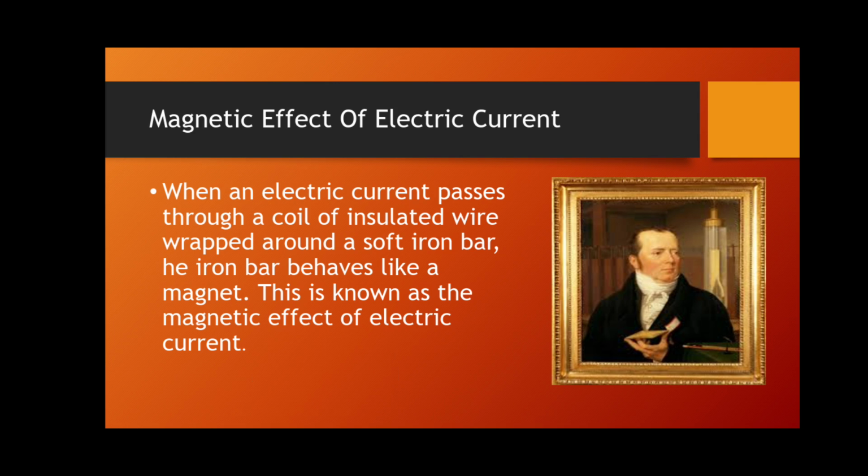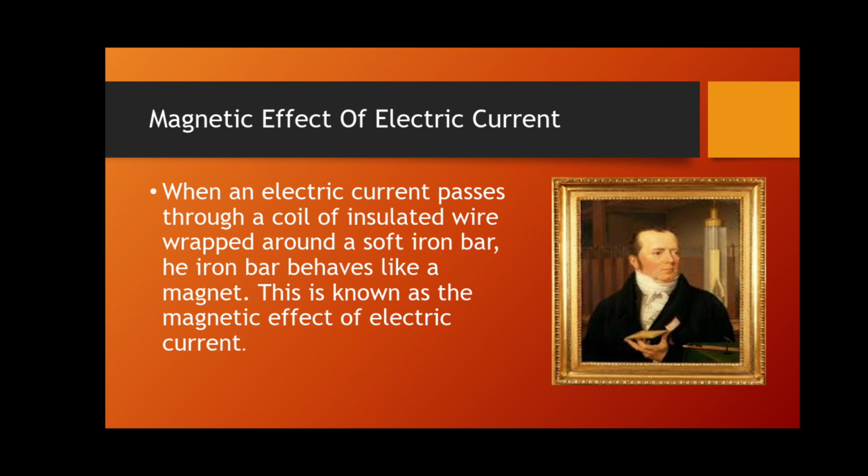Now, the magnetic effect of electric current. Here you can see the picture of the scientist who found out the magnetic effect of electric current. So, what is the magnetic effect of electric current?